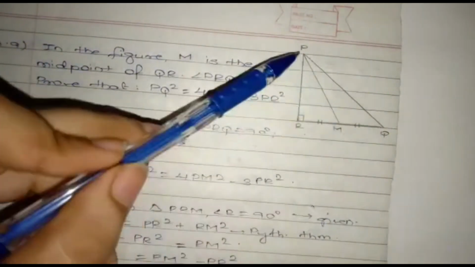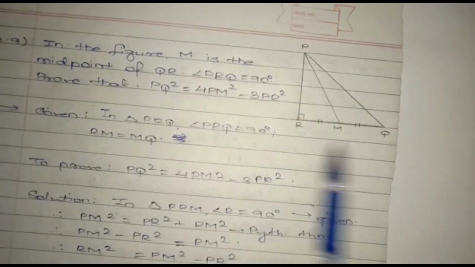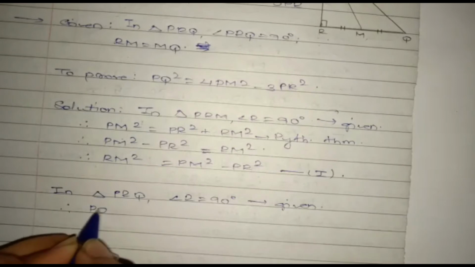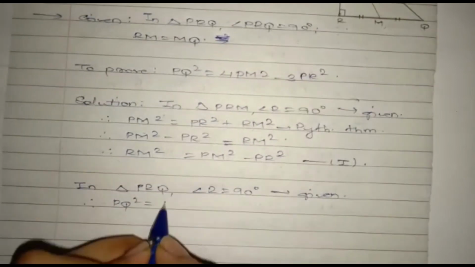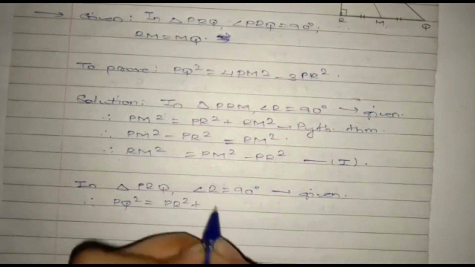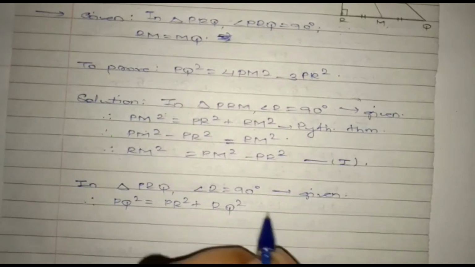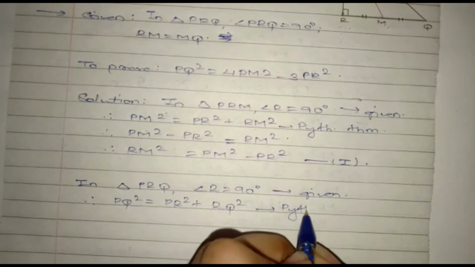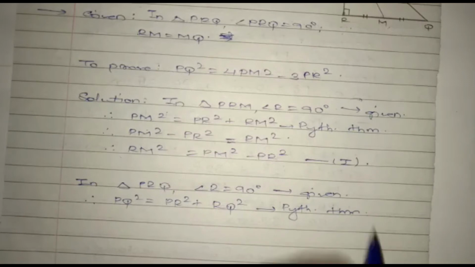Therefore, we will use Pythagoras theorem, that is PQ square is equal to PR square plus RQ square.